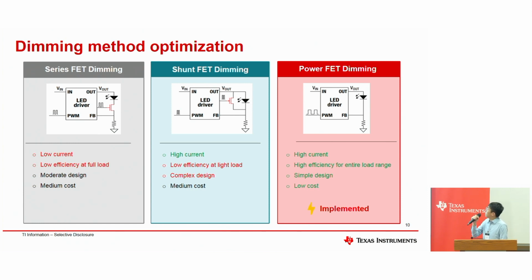Whether you are driving a single LED or a long string of LEDs, it can help you improve the efficiency. And with this high integration, we are helping reduce design complexity and also reduce cost, since you don't need to add an external FET.